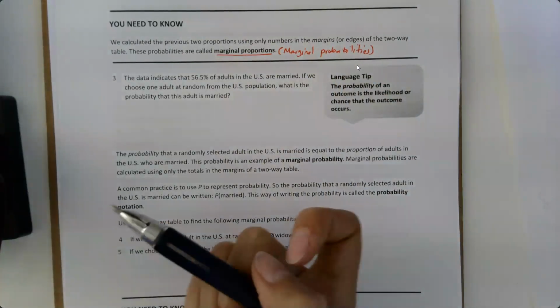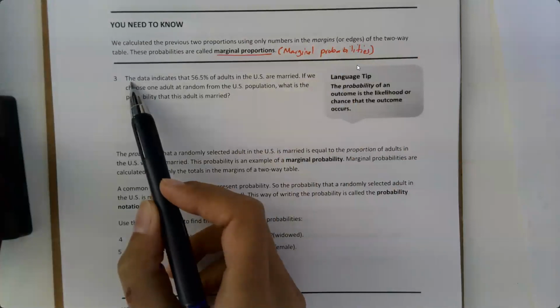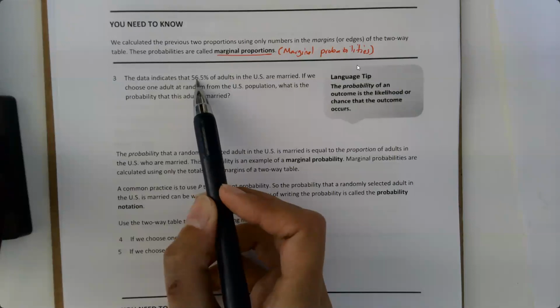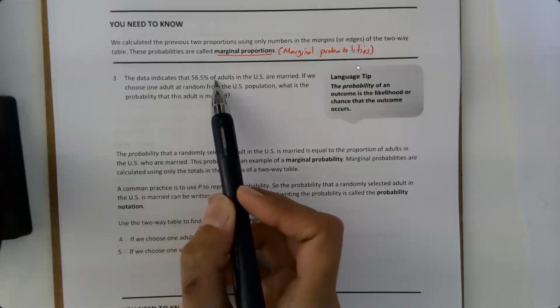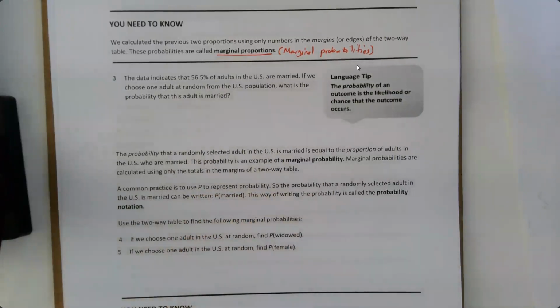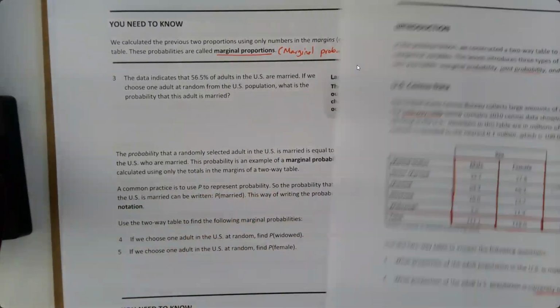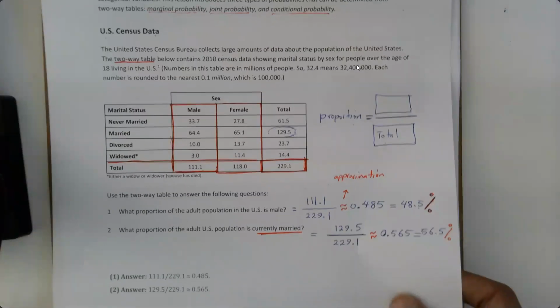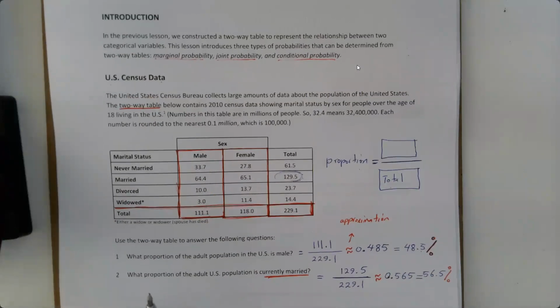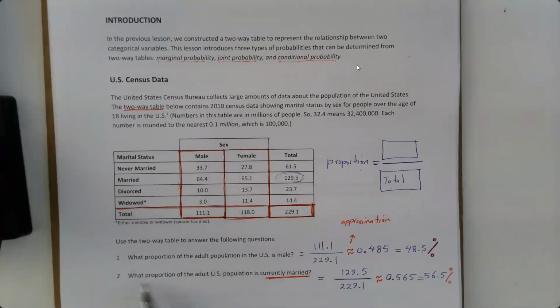Question 3 says, the data indicates that 56.5% of adults in the US are married. Where did it come from? It came from our calculation in question 2: the proportion of the adult US population currently married, calculated at 56.5%.